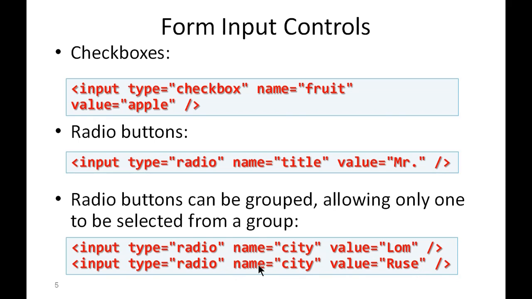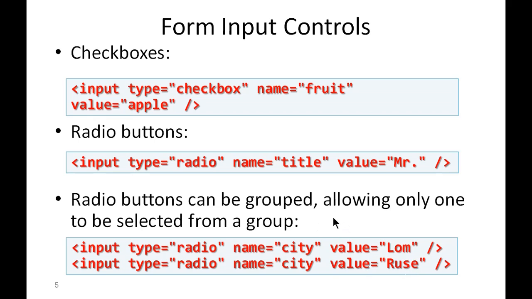So what is happening here? There are two radio buttons created, of city type. Okay, the name of that radio button is city, which means there is some identity to that radio button. So the name is city, and the values that will be displayed on the screen are loam and rules.